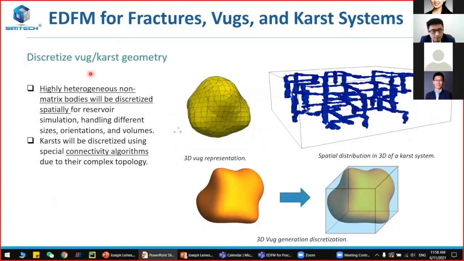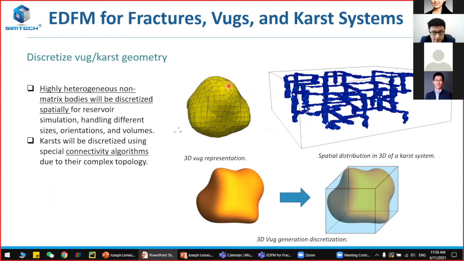Let me show you how third-party software that aims to characterize Vugs and Karst presents the elements. Here we have a Vug, how it's represented, and also a spatial distribution of a 3D Karst system.